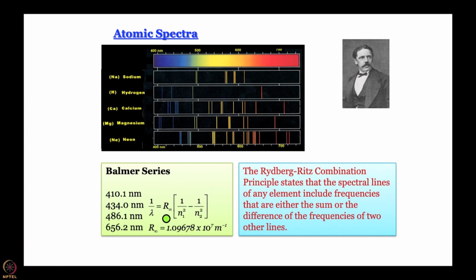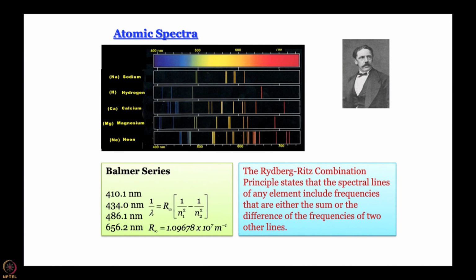This constant R is called the Rydberg constant, and the value of the Rydberg constant was found to be 1.09678 into 10 to the power 7 per meter. Now, it might sound ridiculous, so many decimal points. Generally, when a student reports data like this, we always ask, are you sure that your answer is correct to the last place of decimal that you have reported?